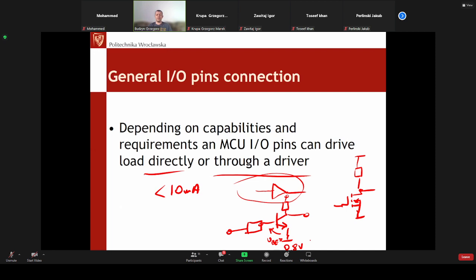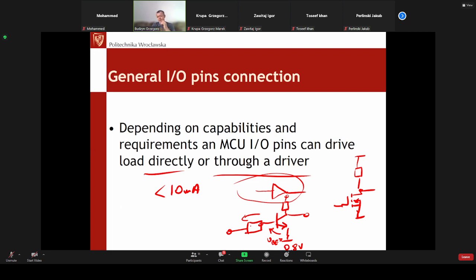So this 2.5 and 0.8 doesn't match. So there must be an element where there will be a voltage loss. If you don't use this resistor, that's the problem. The voltage loss will be on the internal impedance of the microcontroller, which is not good because it will heat up the microcontroller.